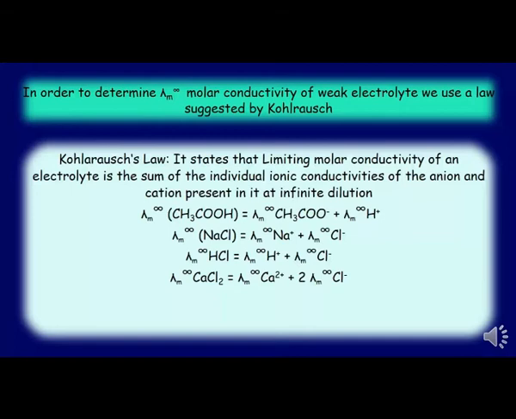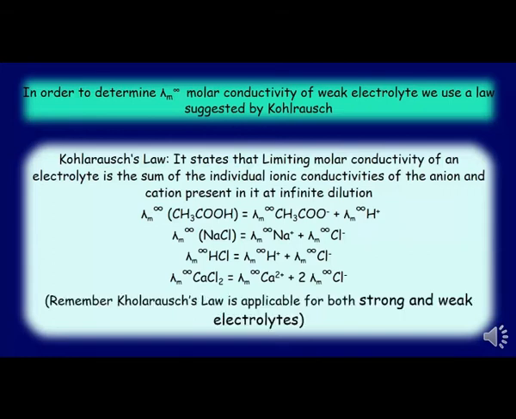Hence this equation. And this is most important: it is applicable for both strong as well as weak electrolytes. Kohlrausch only meant to say that at infinite dilution both strong and weak electrolytes behave similarly, that is, they are completely ionized.